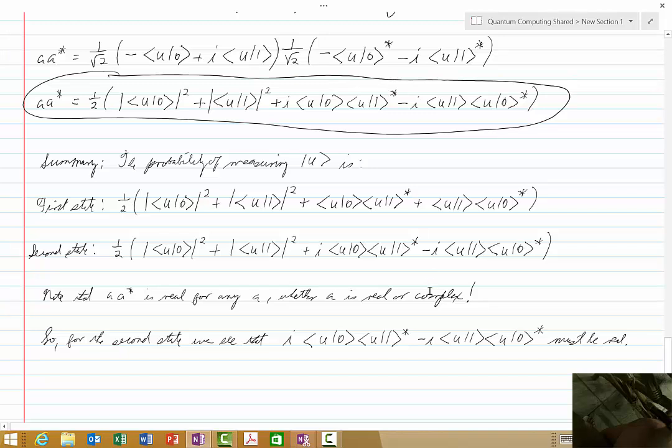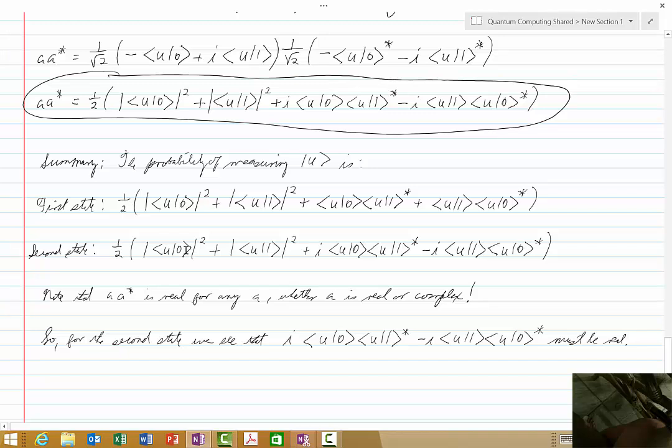Because, again, remember, this second expression is equal to A times A conjugate for the second state, and any number times its complex conjugate is real, so this whole expression must be real.